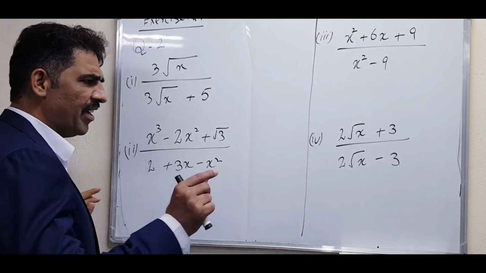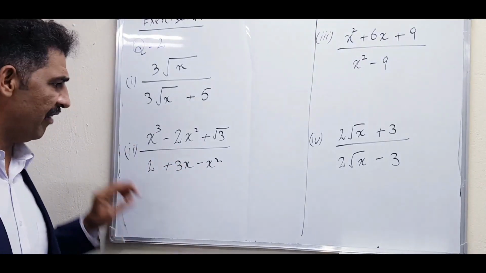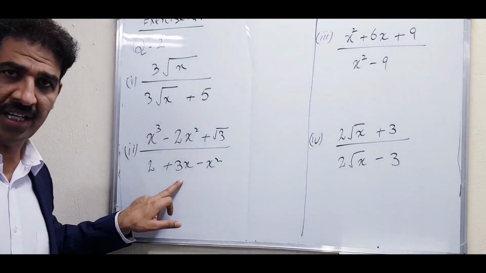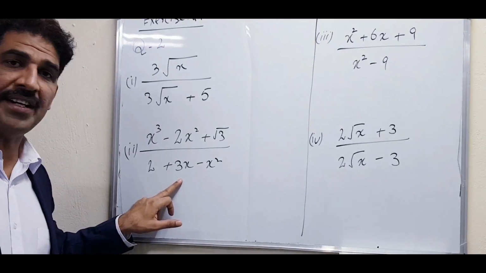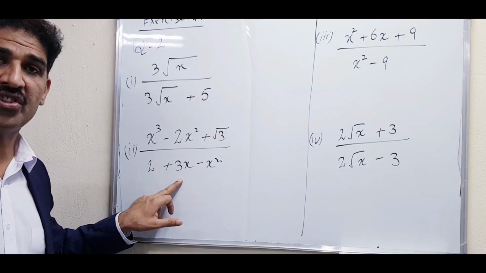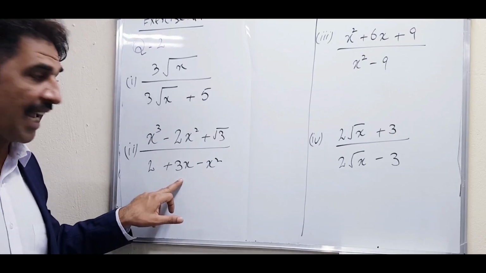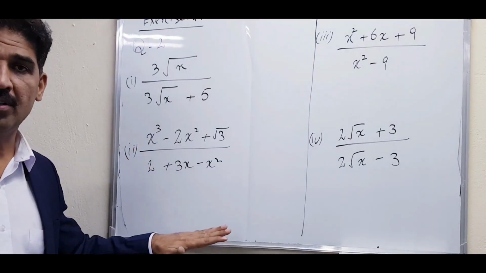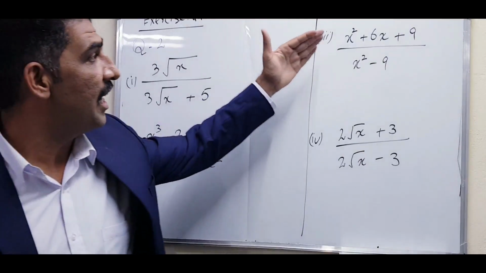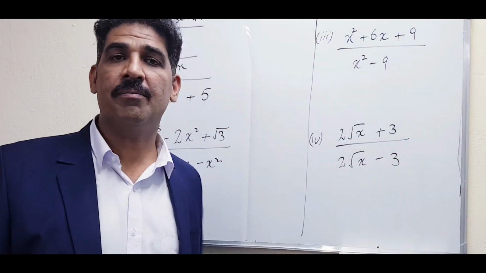A simple way to keep in mind: if x is coming in the denominator, and after simplification its power becomes negative, then it is not a polynomial. So here none of them is a polynomial.